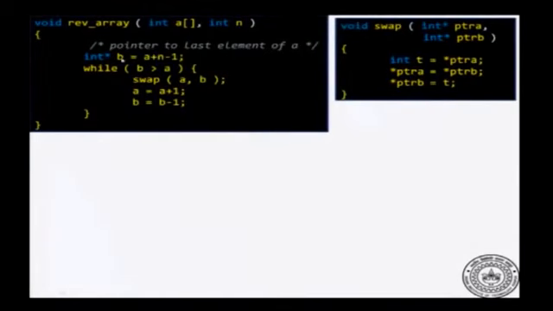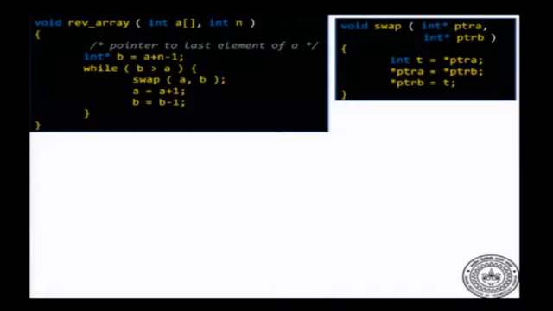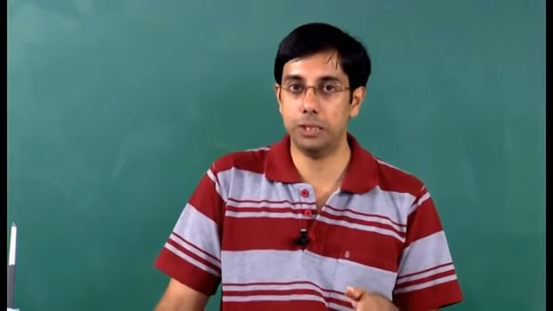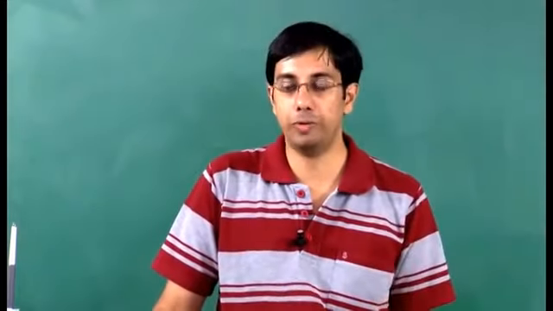I will have a pointer B which points to the last element of the array, A plus n minus 1. Okay. Now, the loop is as follows. I will discuss this in a minute. While B is greater than A, so remember in the example by hand, we had to exchange till we reach the middle of the array. Now, how do we find the middle of the array?